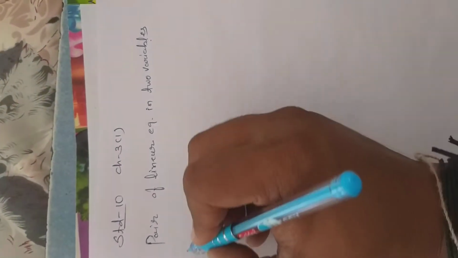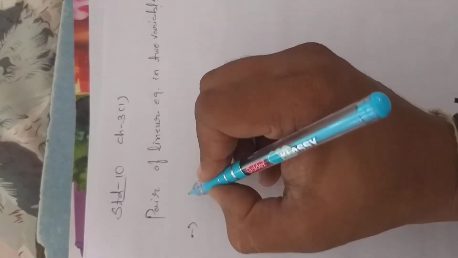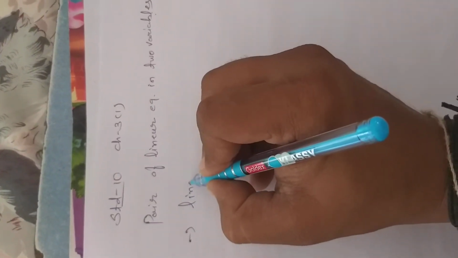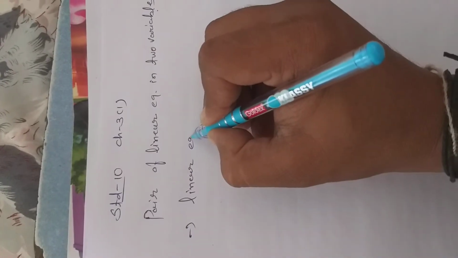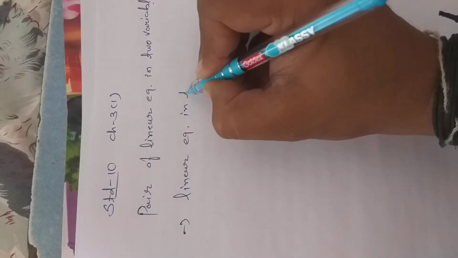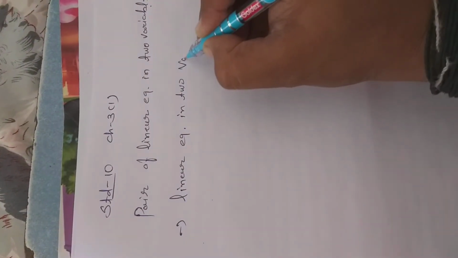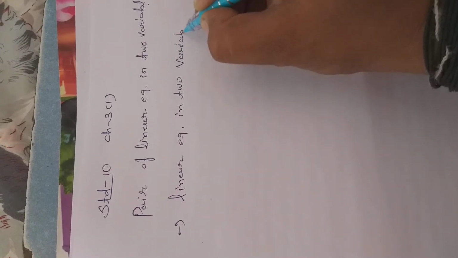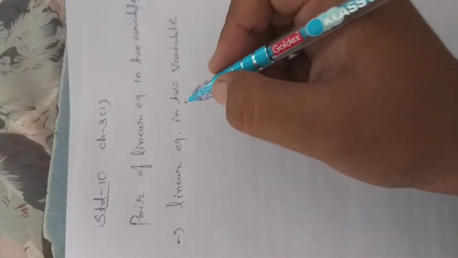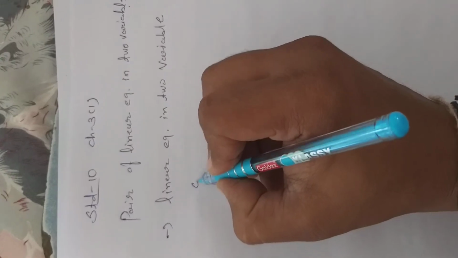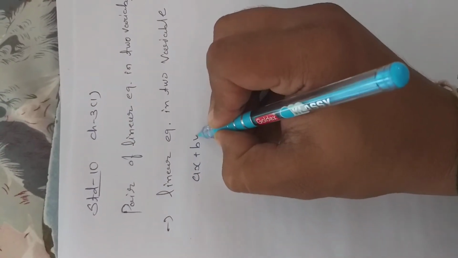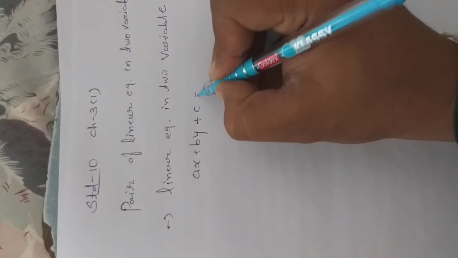Let us recall that linear equation in two variable that we have studied in standard 9, which was ax plus by plus c is equal to 0, where a, b and c are constants.